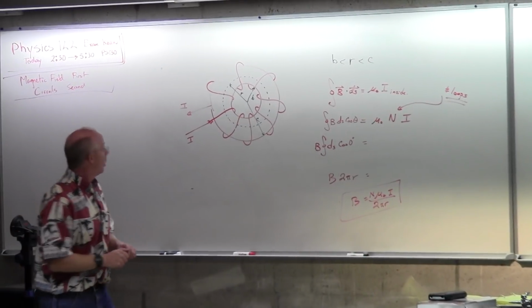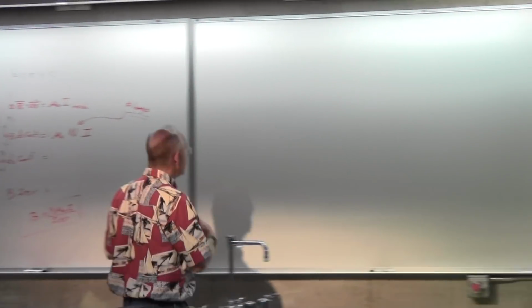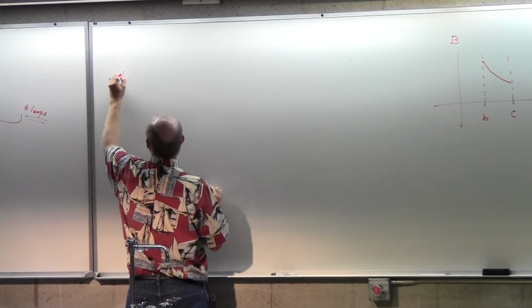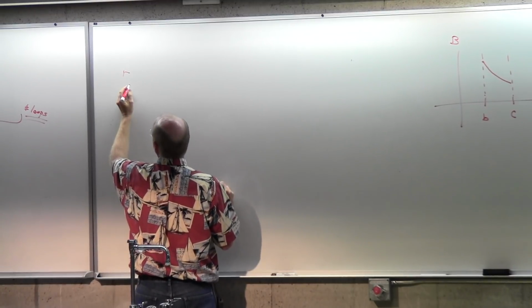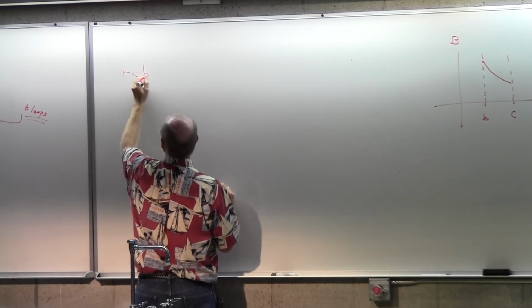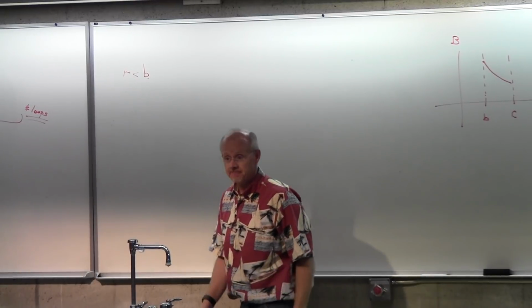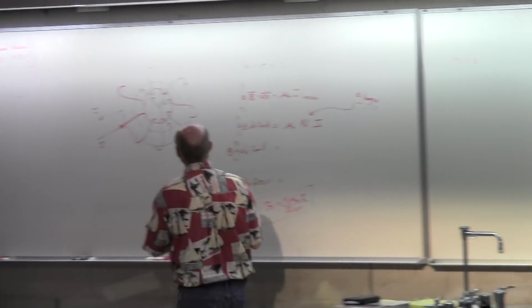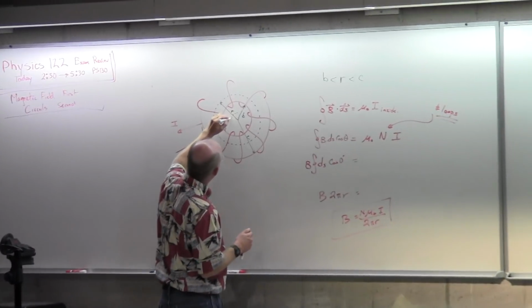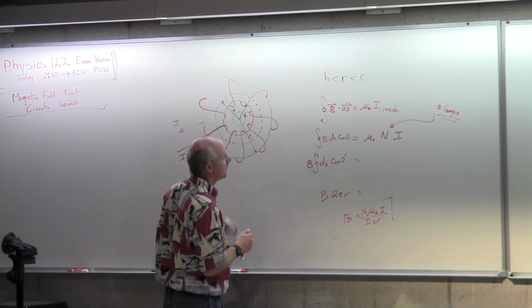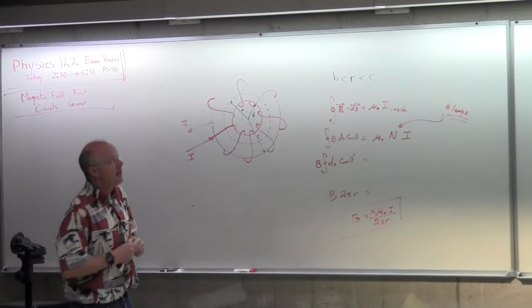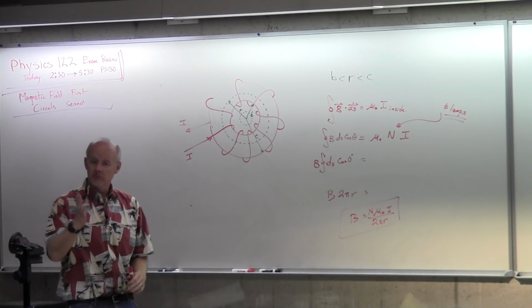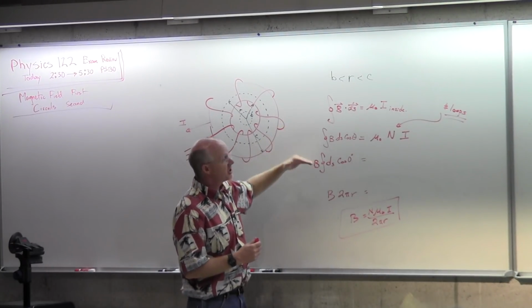How about we go inside of what I'll call the donut hole area. Let's look at r less than b. Now, that would mean an Amperian loop that is in here. And maybe in the interest of time, let's just see how does it change.